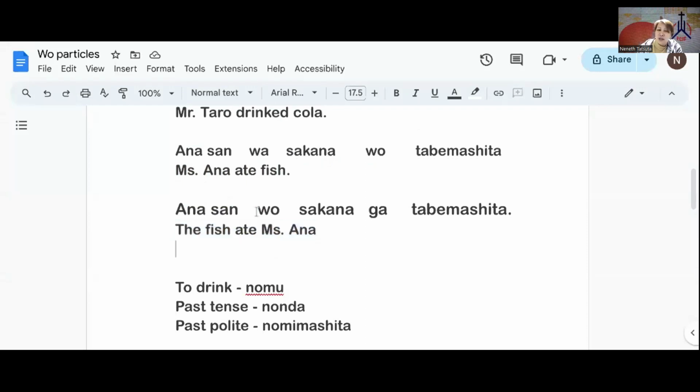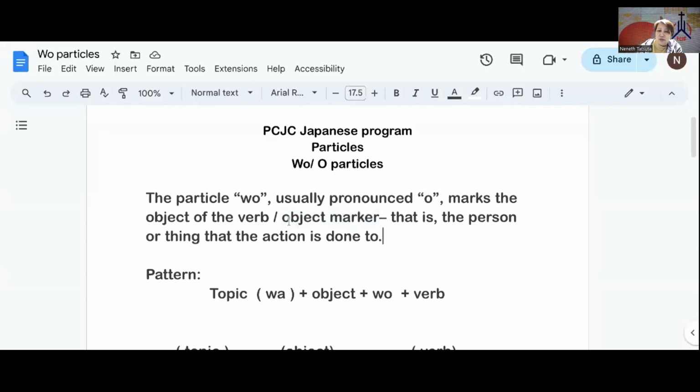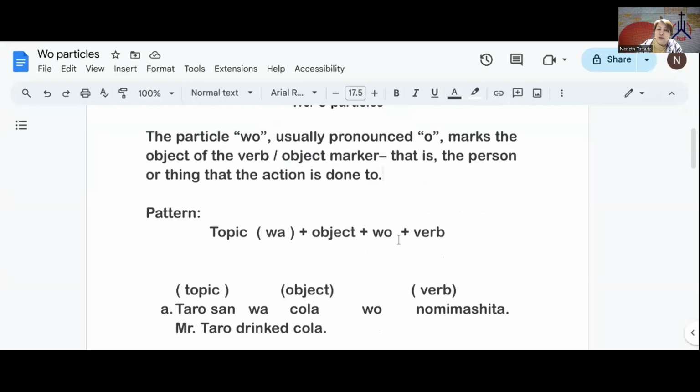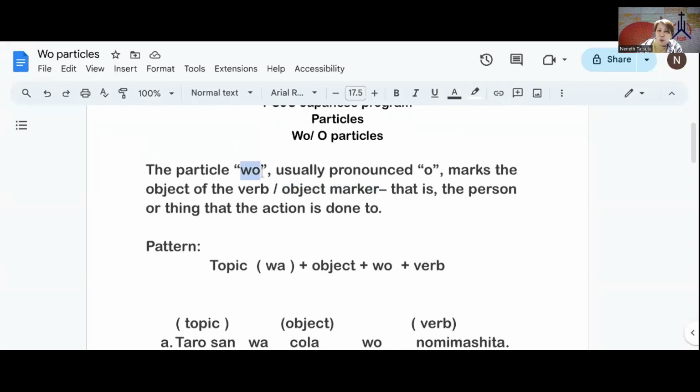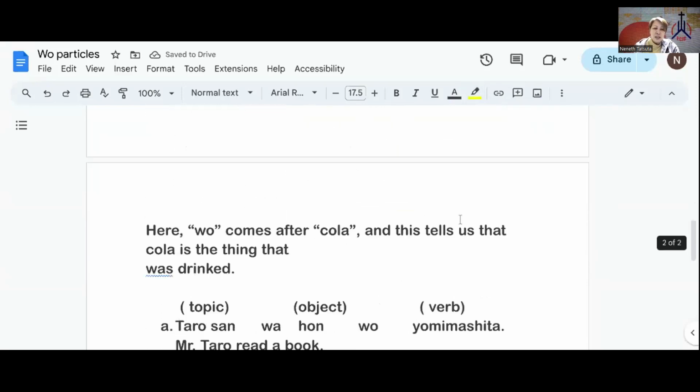So that's how the wo here works. Okay, it indicates your object marker. It indicates the object, the action done to the object. So always remember that your wo, or o, is your object marker. So just remember this pattern.